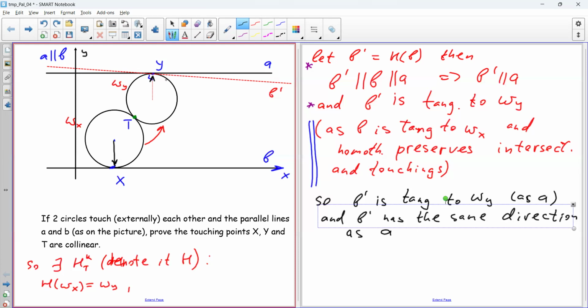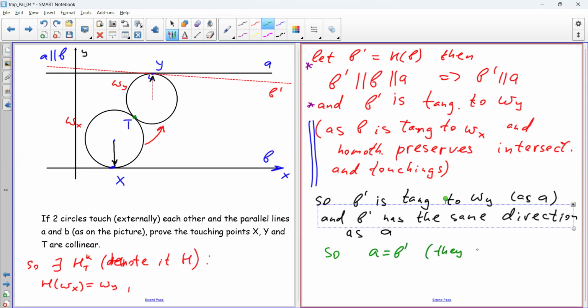So finishing the proof. Now we have A coincides with B prime. They coincide. So here, actually, some part of the explanation was pronounced orally by me.